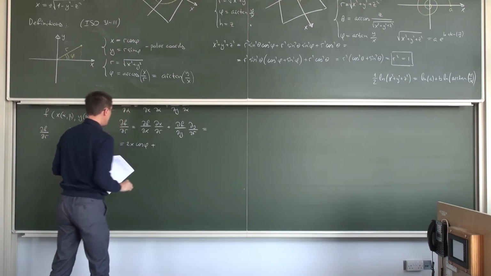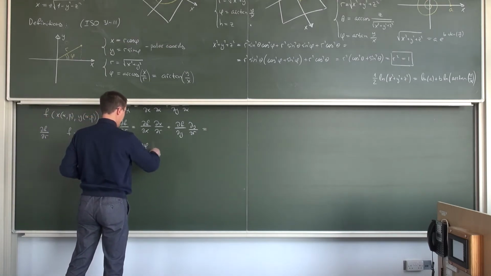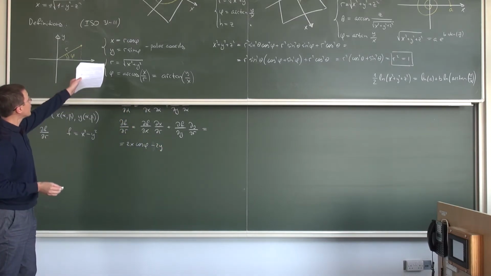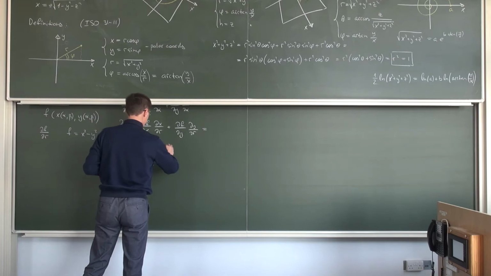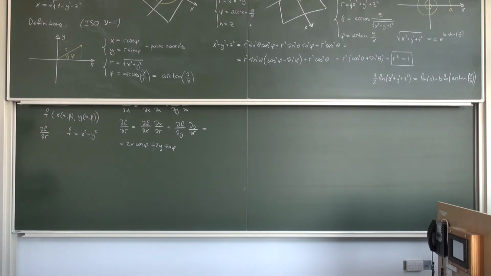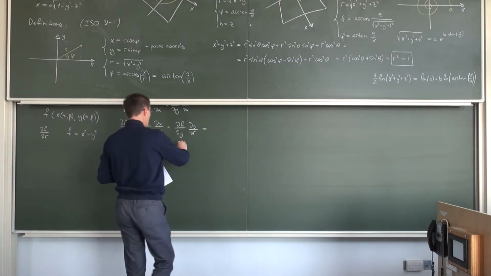And plus df by dy, that's minus 2y, and dy by dr is sine phi. But we are told to obtain the answer purely in polar coordinates. So of course we need now to transform the x and the y as well.